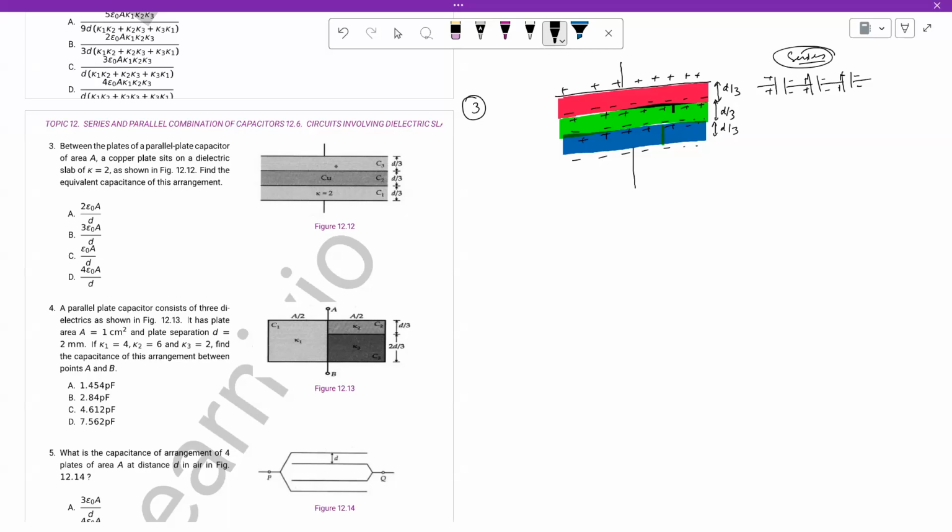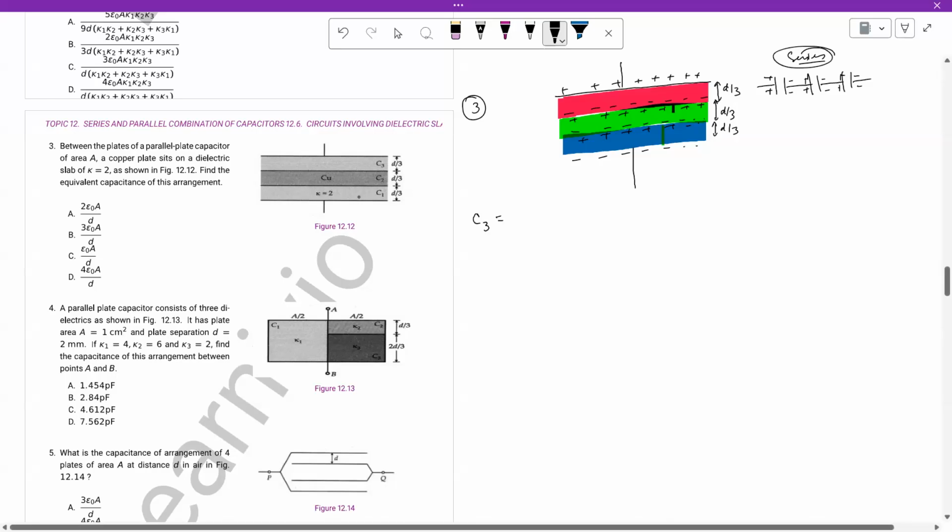Let's say this one has C3. C3 would be A epsilon naught K divided by d by 3, right?